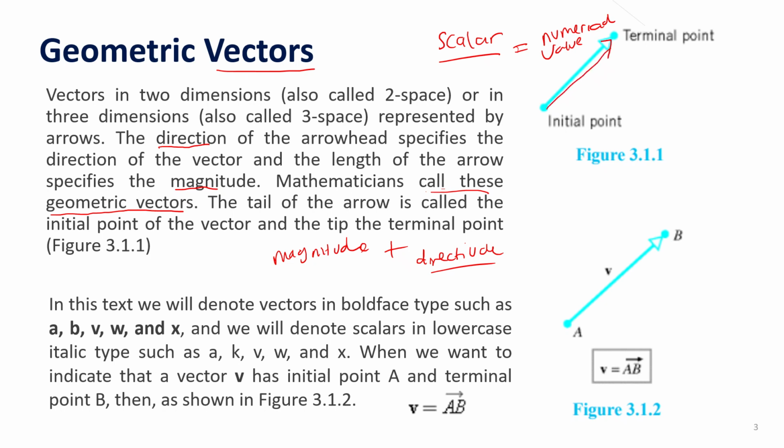in which we can draw it as an arrow, where the tail of the arrow represents the initial point of that vector, and the tip of the arrow is the terminal point.